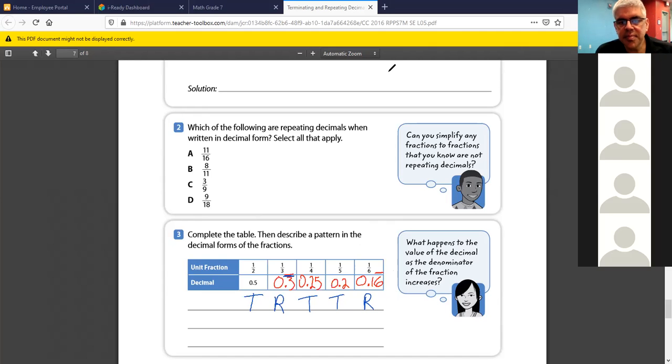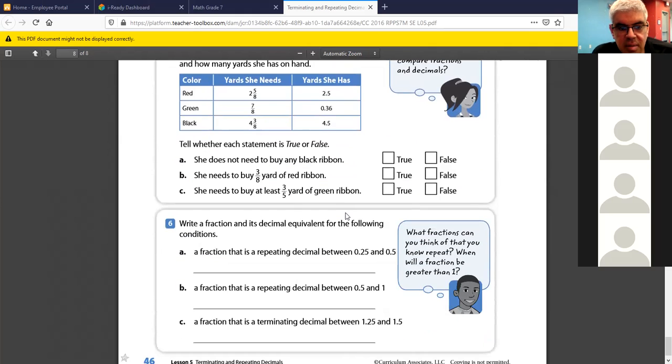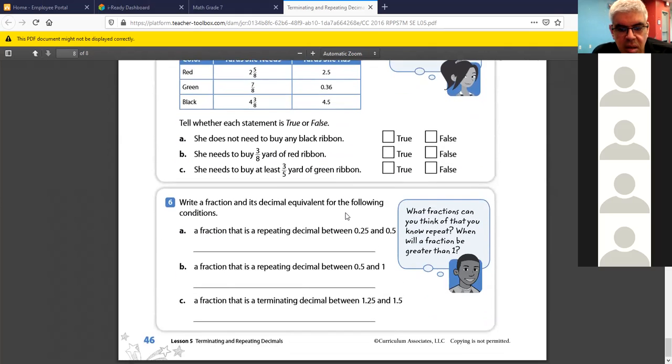Okay, so let me clear, and let me see if there's anything else. Okay, these are more questions. Okay, so a fraction, let's look at 6/8.